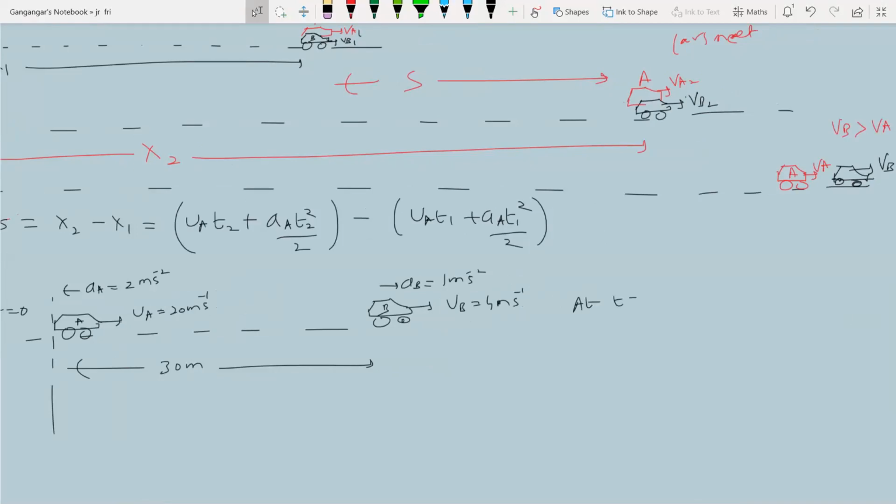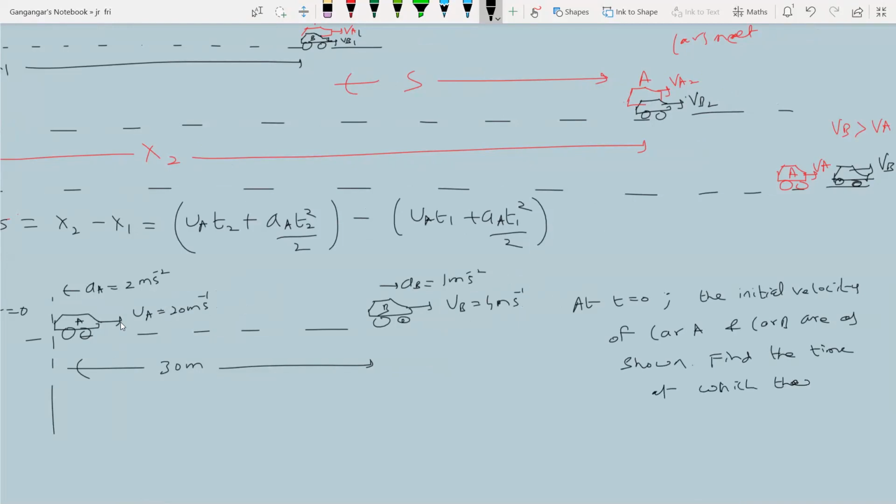Take the question at t equals 0. The initial velocities of car A and car B are as shown. Find the time at which they will meet each other.